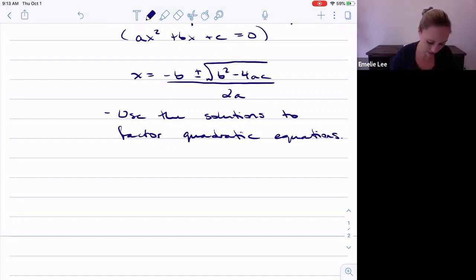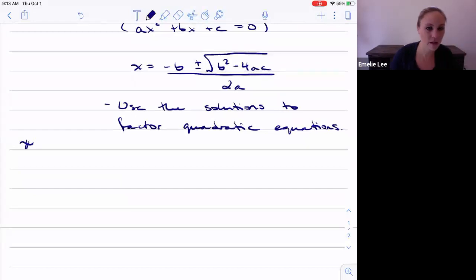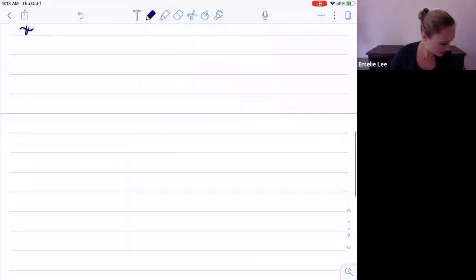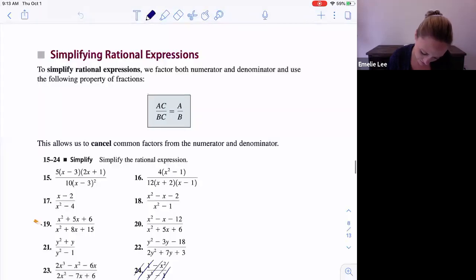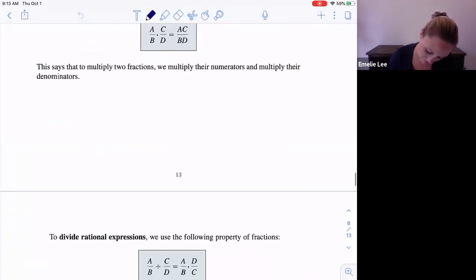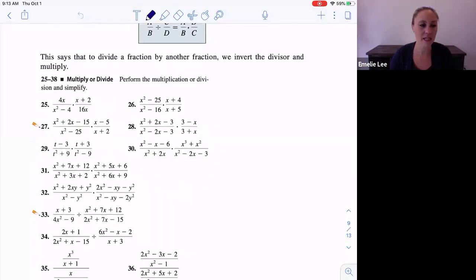Maybe we'll start another example. We worked through some of these. We were multiplying and dividing fractions, but now these are rational expressions.